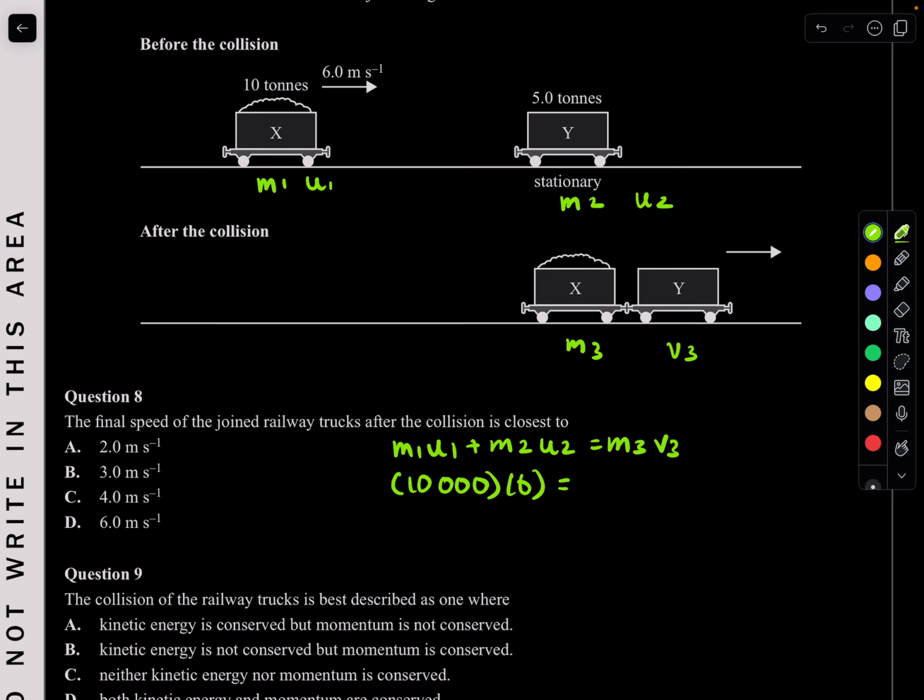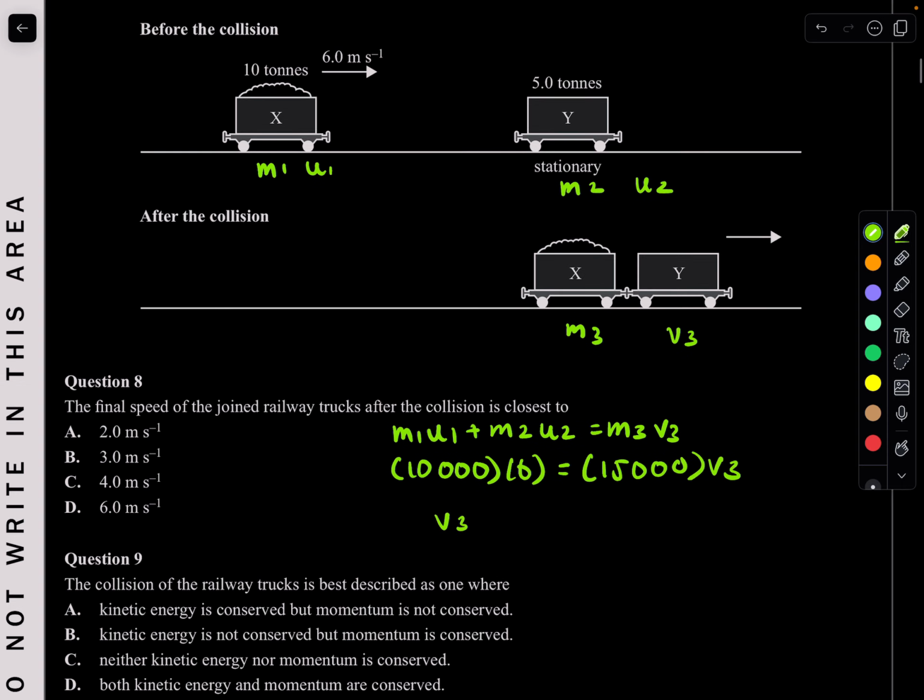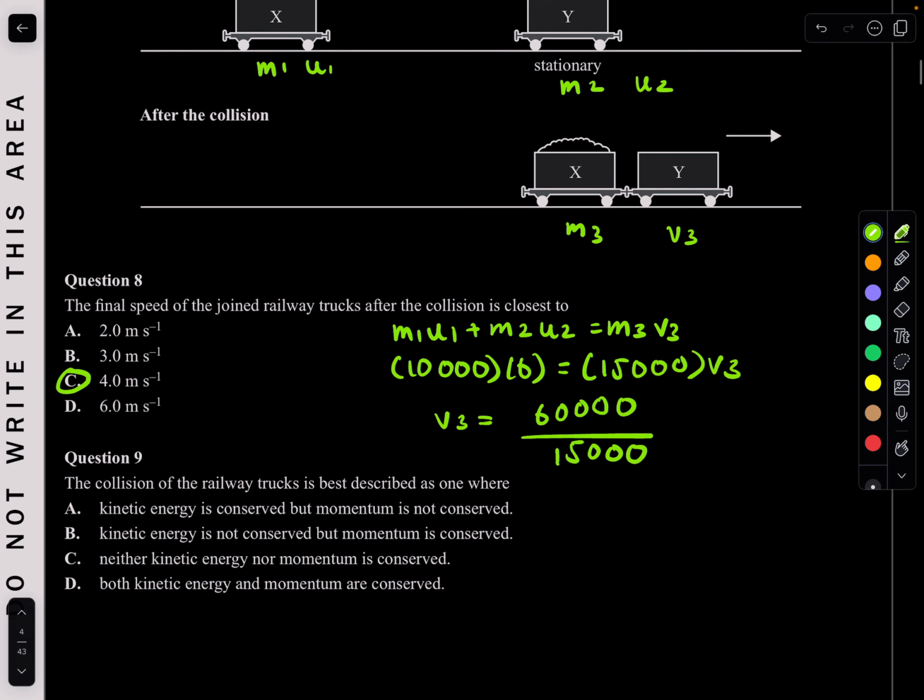It is going to be equal to M3, which is the joined masses, which is just 15,000 V3. Hence V3 is just 6,000 over 15,000. Let's check what that is. That gives me 4. Easy. Nice and easy.